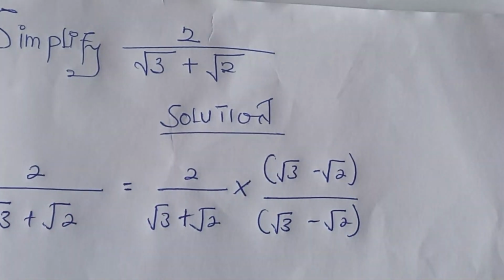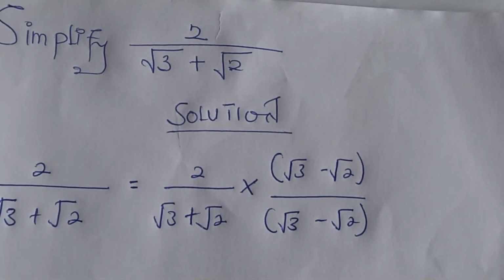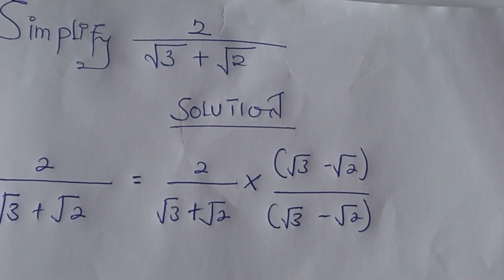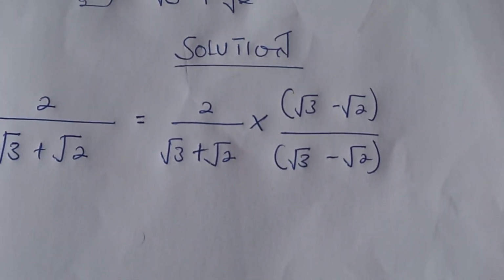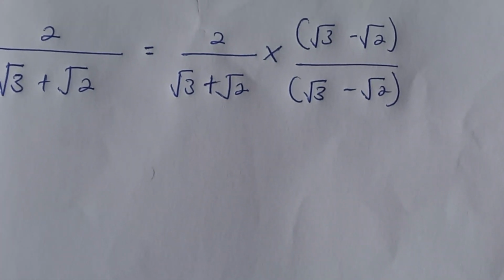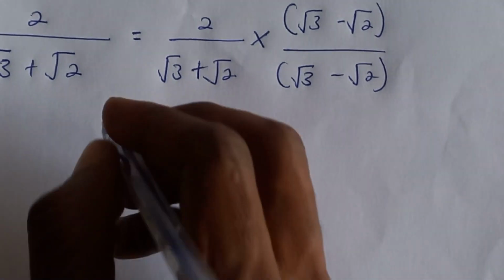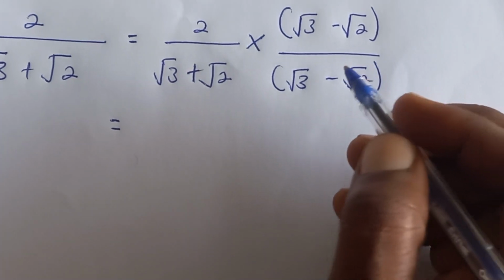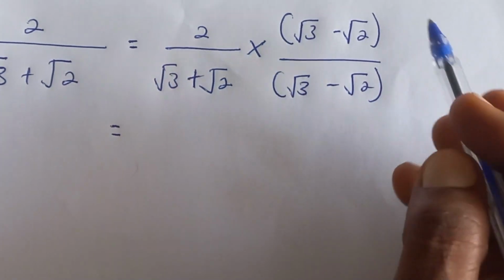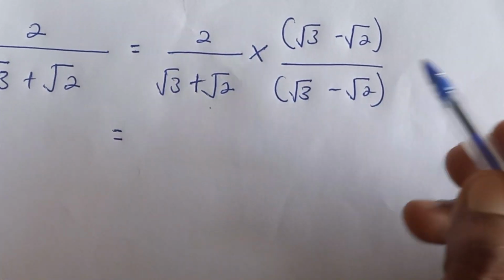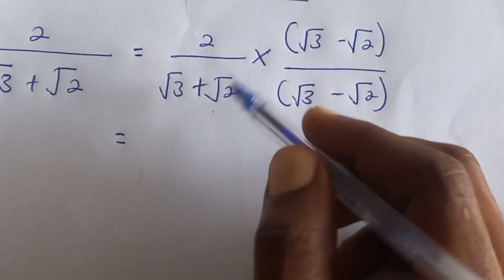So this is the first step you must go through when dealing with this type of question. Good. So now you have to multiply the numerator by numerator, then denominator by denominator, since it's a multiplication.